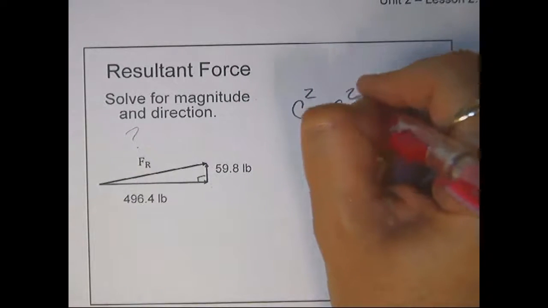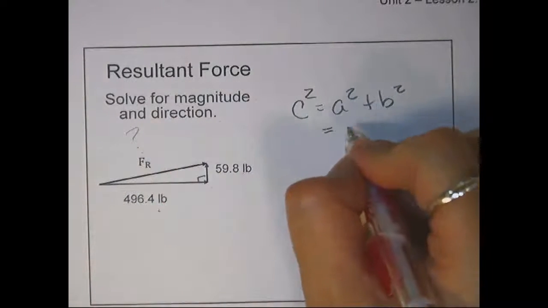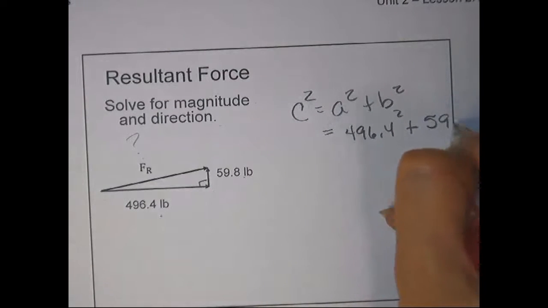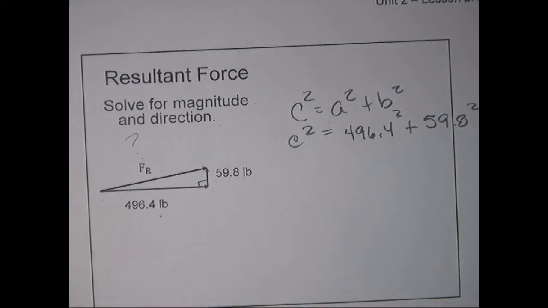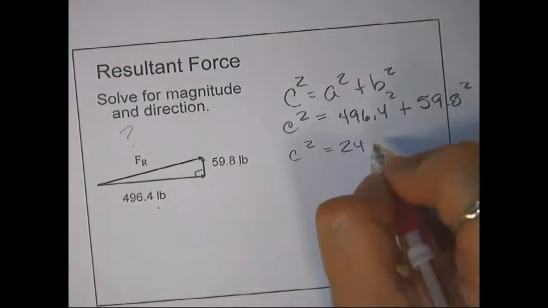Pythagorean theorem. So these are A and B. I'm looking for C. Plug these in. Plug those in, and that'll give us C squared. I'm going to plug it in my calculator. And when I plug this side in, I get this number.